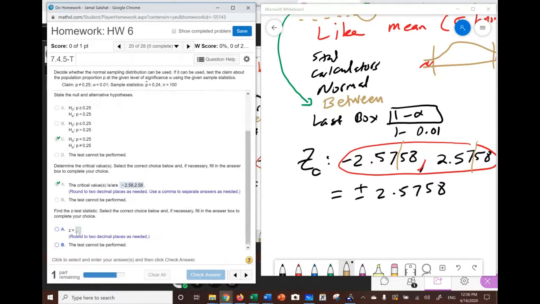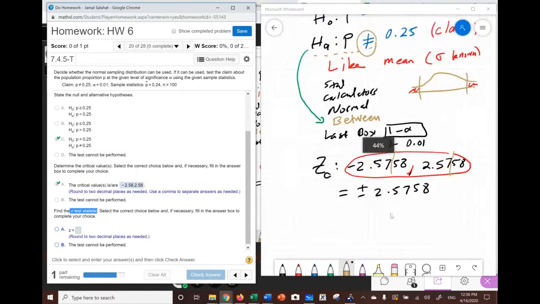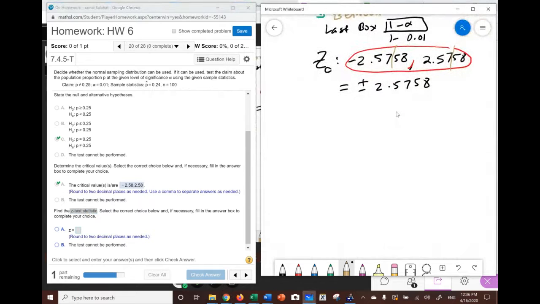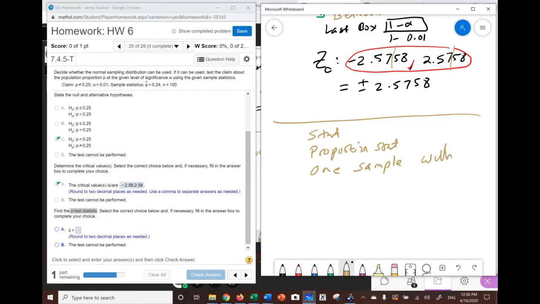Now we need to check the answer. The next step will be we need to find the z-test statistic. Again, to find the z-test statistic with a proportion, I have to follow those steps. I have to go to Stat, then Proportion Stat, then One Sample, and with Summary.